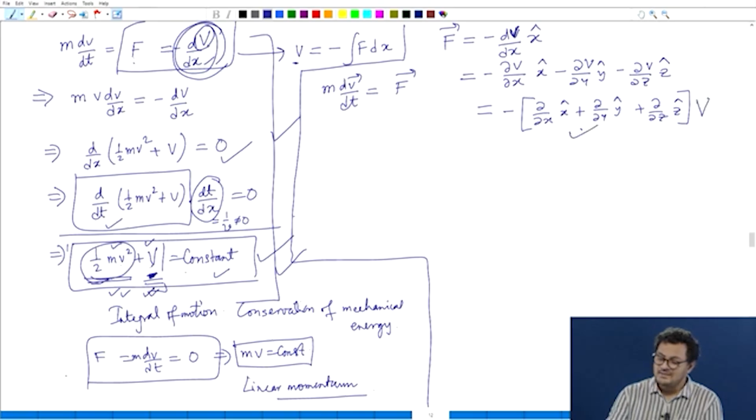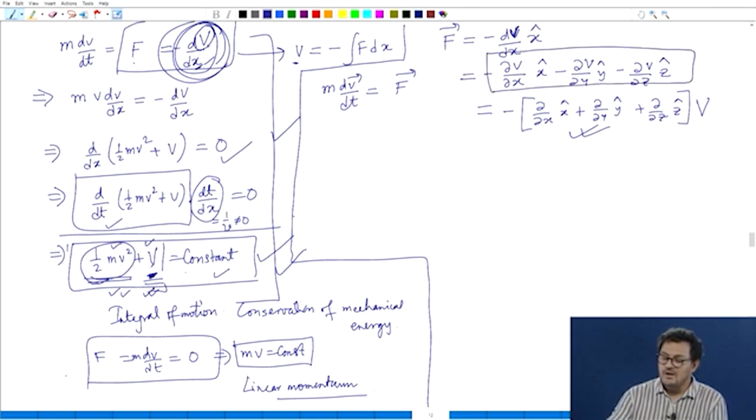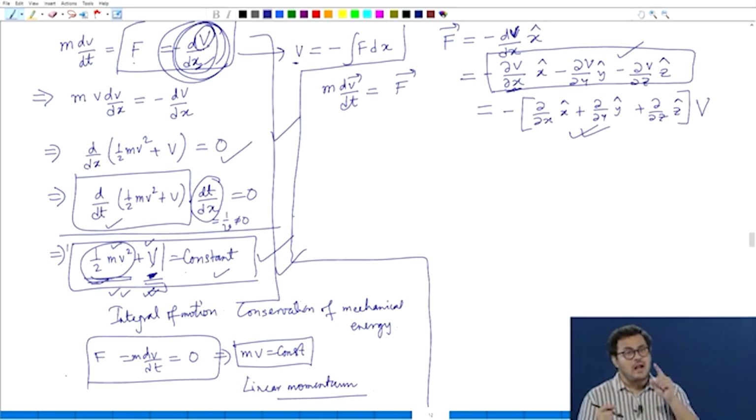Now, what is this first of all? This is the change in V, the change in the scalar potential function, when you change your x coordinate infinitesimally. In 3D, this is the combination of 3 terms. This one says you are only changing the x coordinate infinitesimally and keeping the y and z coordinates constant, and you check how V changes only with x.